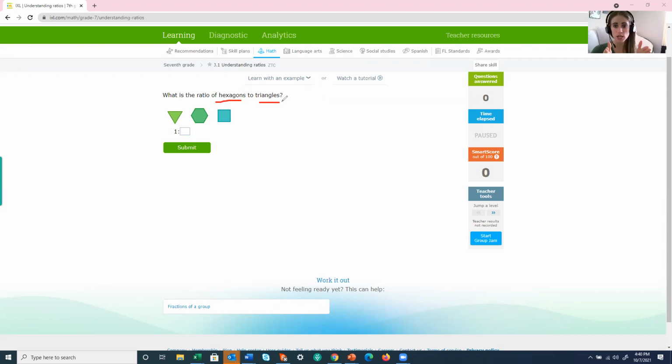That means when we set up our ratio, the first number needs to be hexagons. The second number is triangles. Well, I see that there is 1 hexagon, and then there is only 1 triangle. So in this case, our ratio is 1:1, 1 hexagon to 1 triangle.